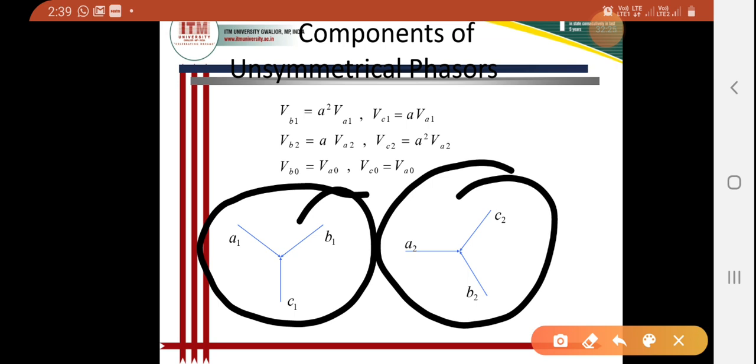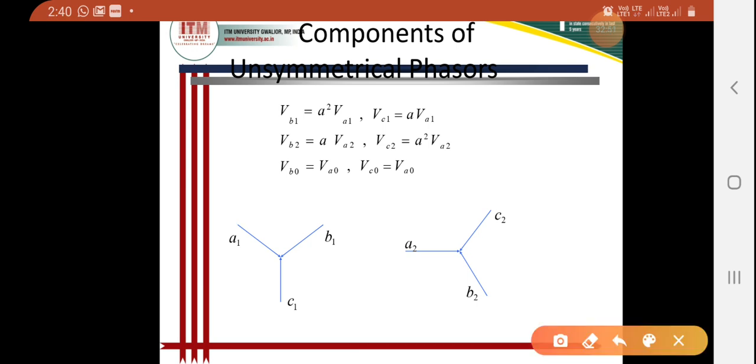If it is voltage, the voltage will be VA1 if it is the positive sequence component, and here VB1 and here VC1. Suppose I want to write VB1 in the form of VA1 using the operator.